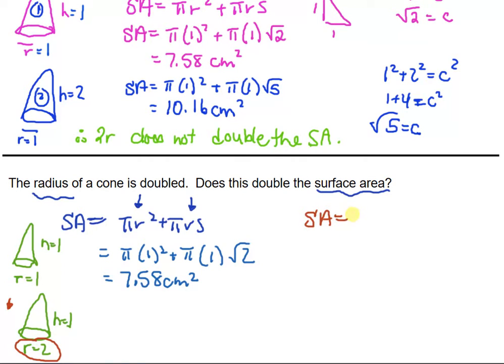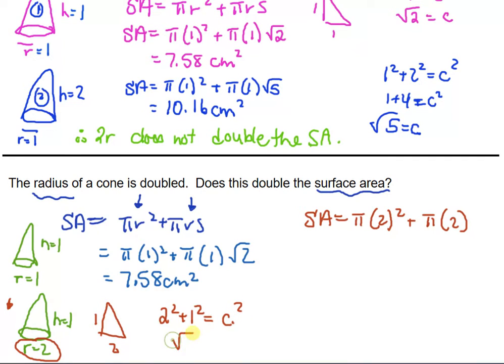Surface area equals pi, radius is 2 squared, plus pi 2, the slant. So the slant is going to be 2, 1. 2 squared plus 1 squared equals c squared. Okay, very similar, root 5 equals c.